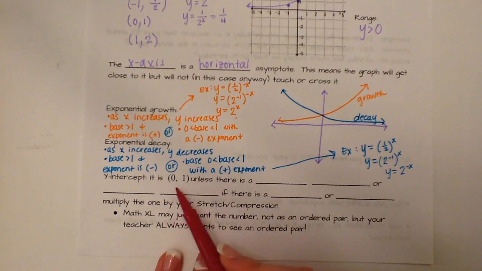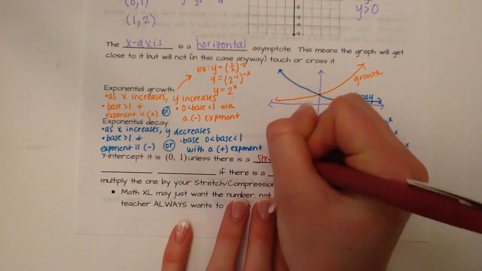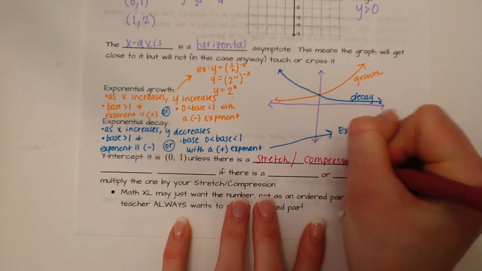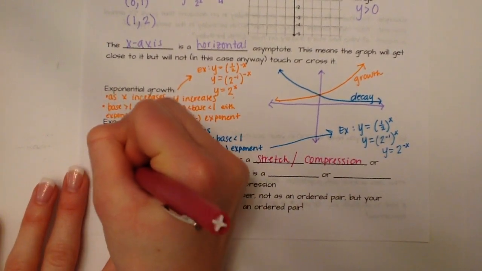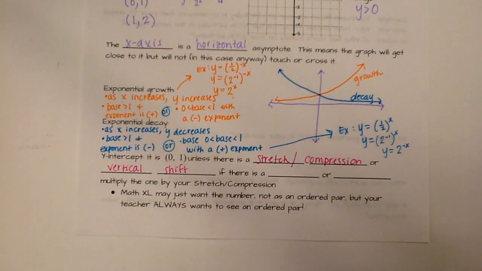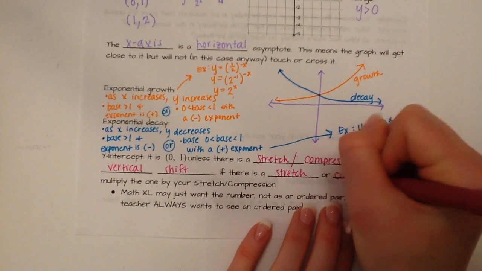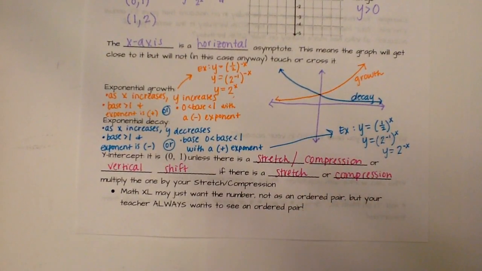Alright, so our y-intercept is at 0, 1, unless there is a stretch or a compression. Or if we have a vertical shift. So our y-intercept is at 0, 1 unless there's a stretch or compression or a vertical shift.